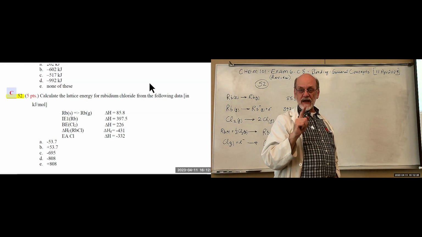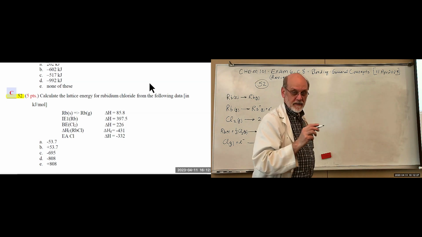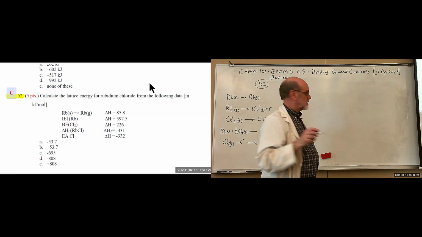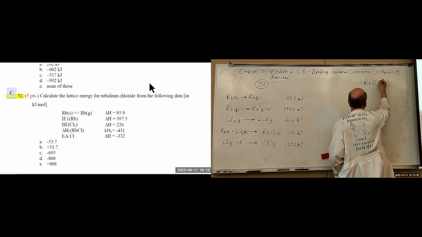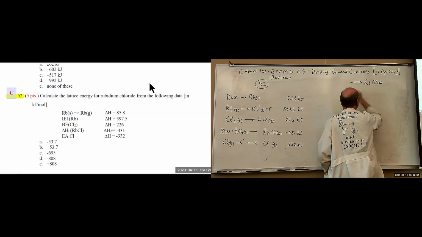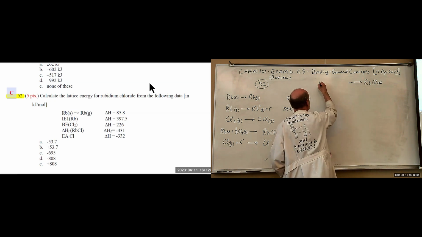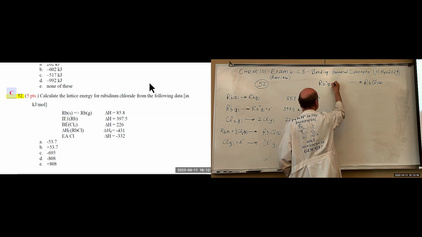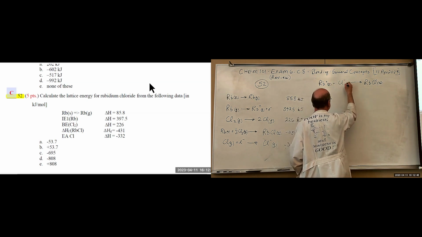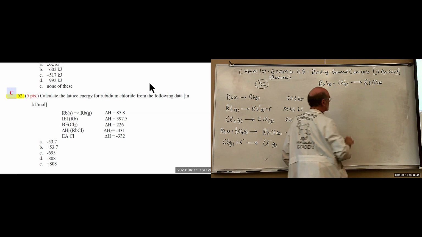Chloride is a halogen, so it's a -1 charge. And we're forming this rubidium chloride solid from the rubidium plus gas and the chloride minus gas.